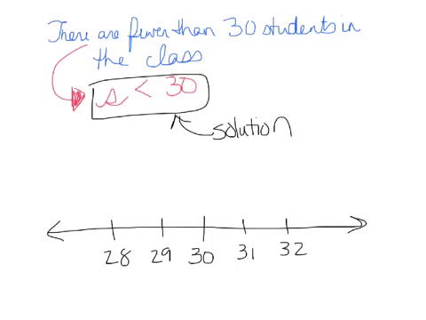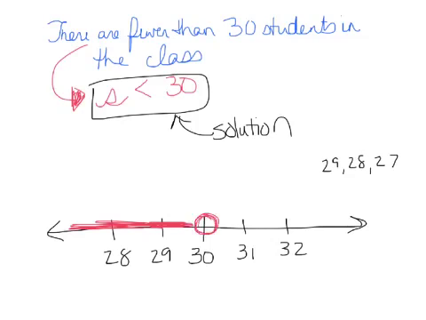If it's fewer than 30 students, I can have 29 students, 28 students, 27 students. So I could have any of these numbers of students, although I hopefully would have a whole number of students, up to 30.